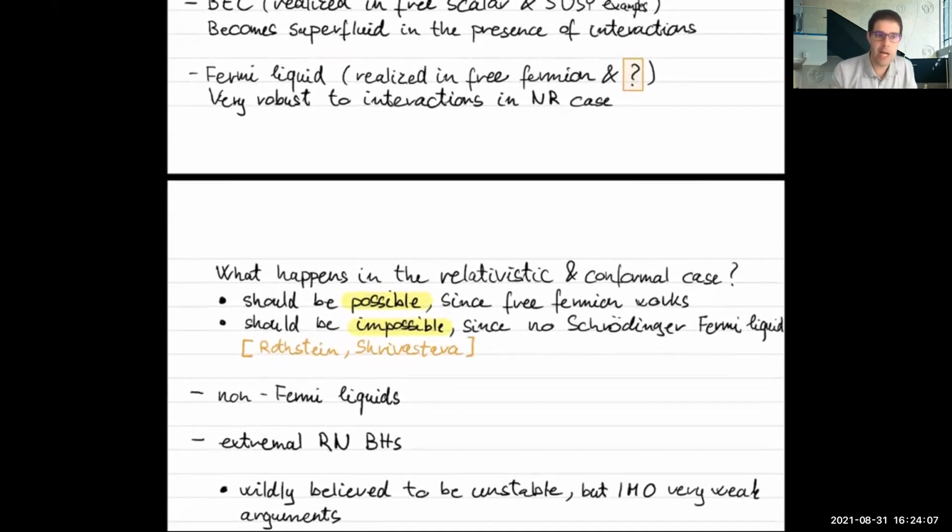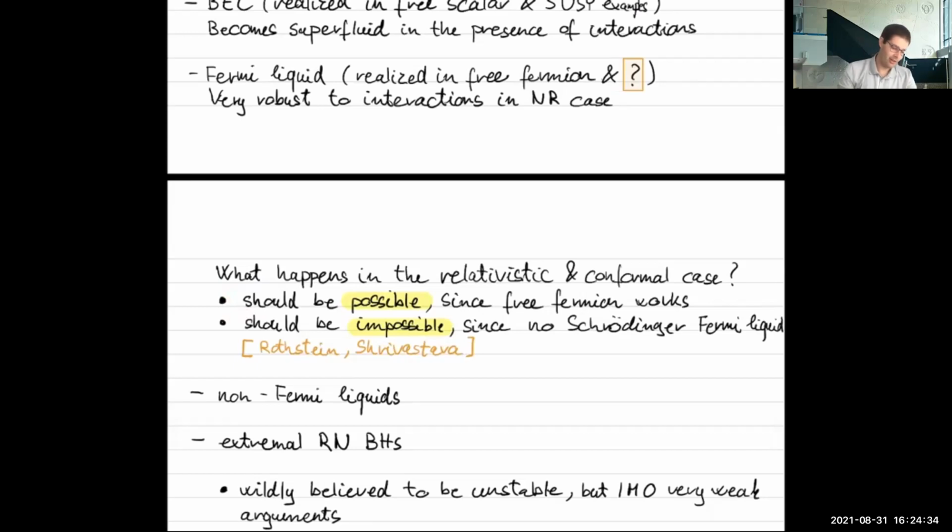So we want to ask what happens in the relativistic and conformal case. And there are conflicting intuitions here, and I don't know which one is correct. On the one hand, we would say that it should be possible to use Fermi liquids to describe some large charge phases of CFTs, since for free fermions it already works.